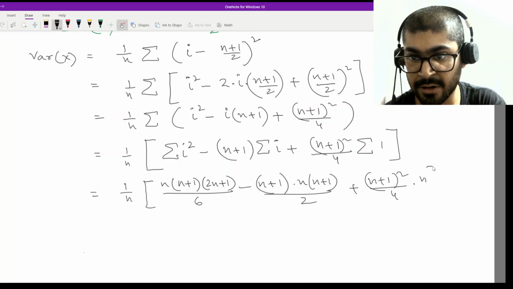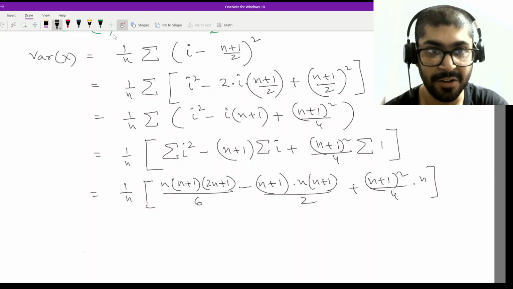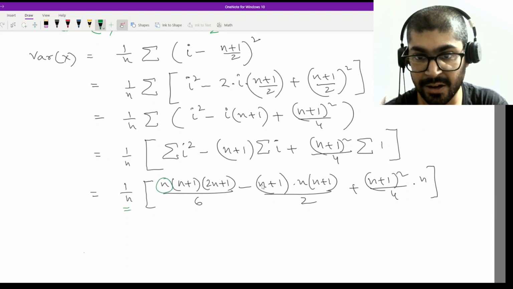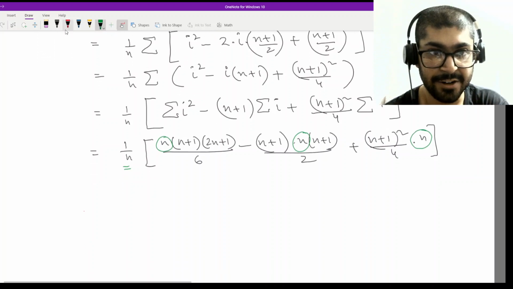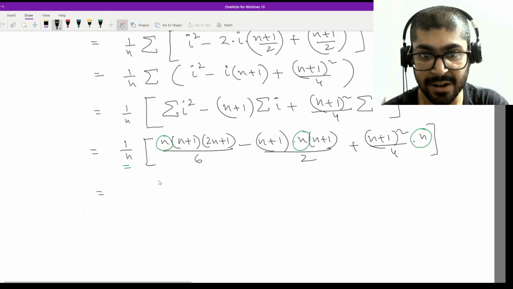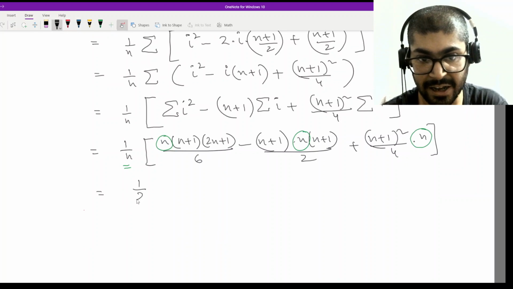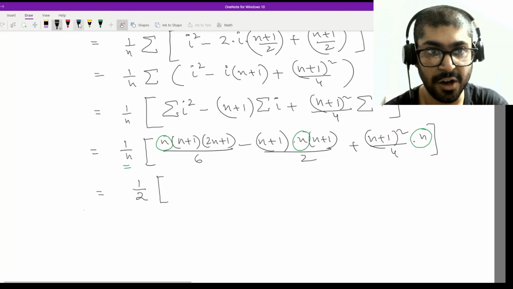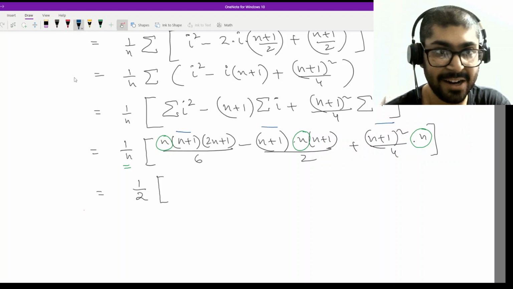Now you see n is common in all of the three terms and we have 1 by n here. So let us cancel that. We can also take half common from the denominator. n plus 1 is also common, just notice n plus 1, n plus 1, n plus 1. So that can also be taken out.